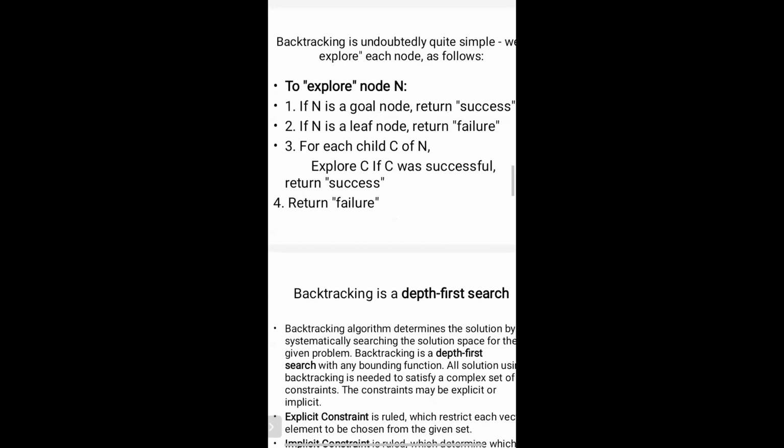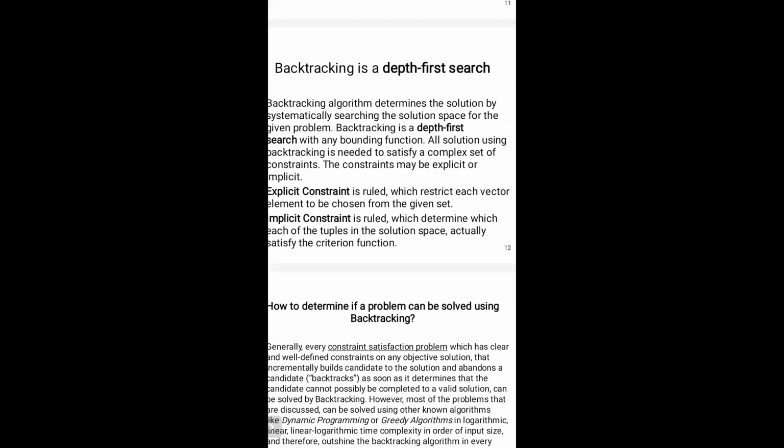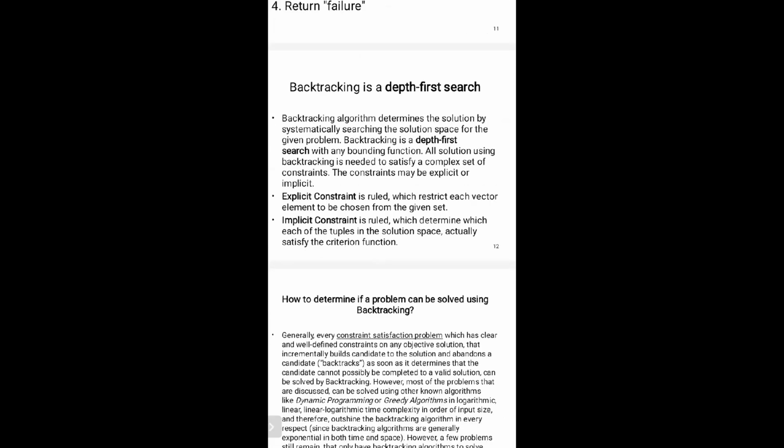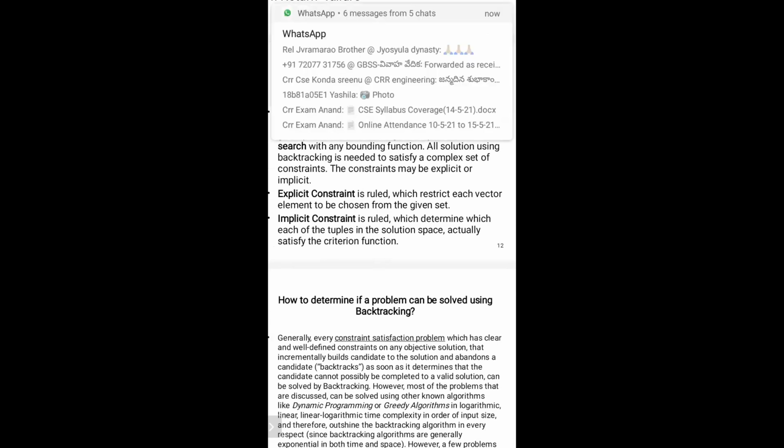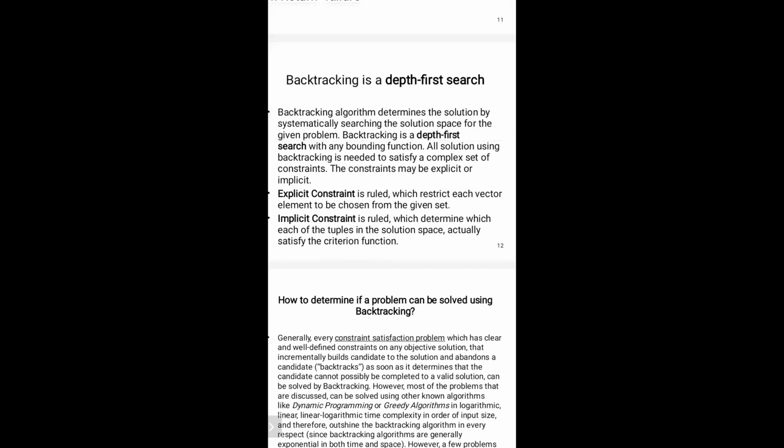So what is backtracking? It is a depth first search. Already you studied in your data structures, we have breadth first search and depth first search. So depth first search type of searching is done in backtracking algorithms.